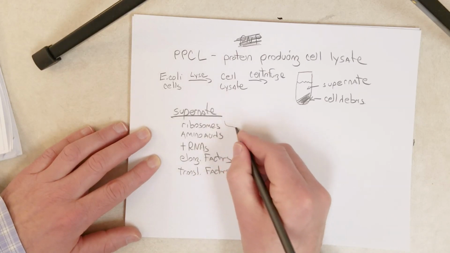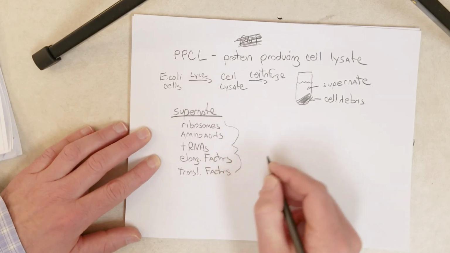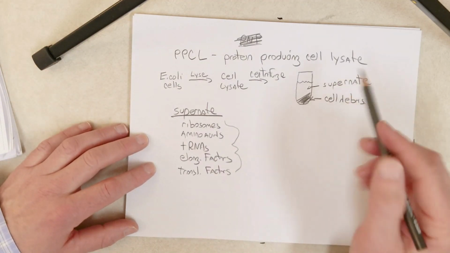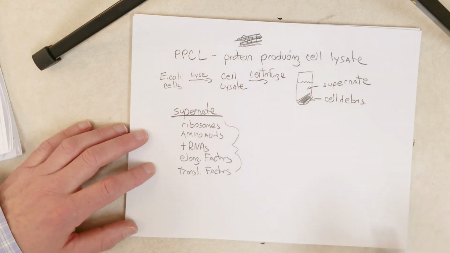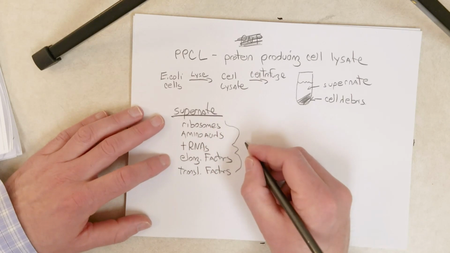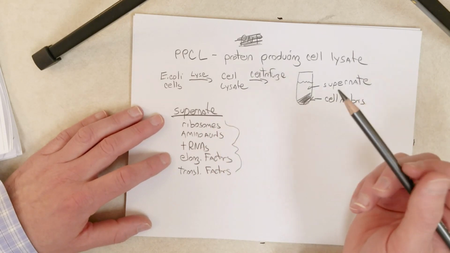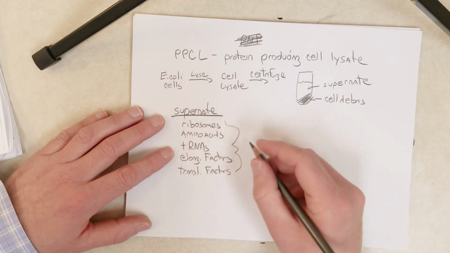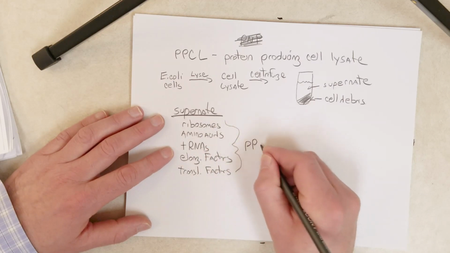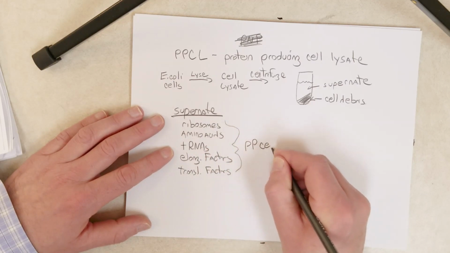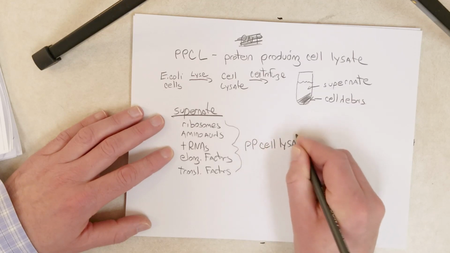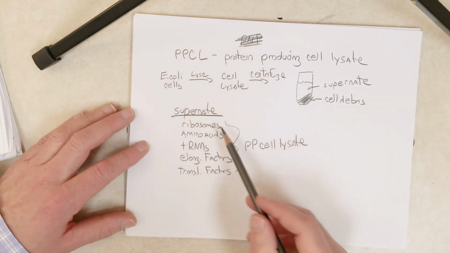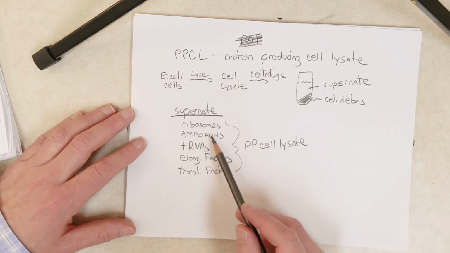You don't need to memorize that for this video. These details we'll cover later. But the point I'm trying to make is that everything the cell needs to make proteins is found in here. So this is the protein producing cell lysate, the supernatant.